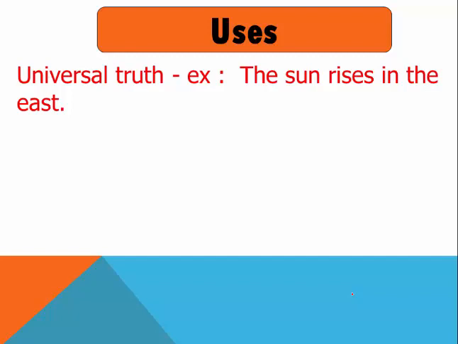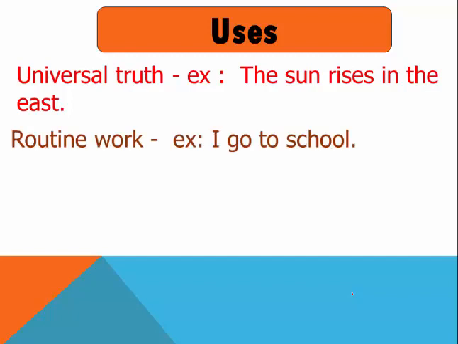Universal truth means anything that always happens and is always true. For example, the sun rises in the east. It's always true, the sun rises in the east. There may be something more that could be a universal truth, that man is mortal.